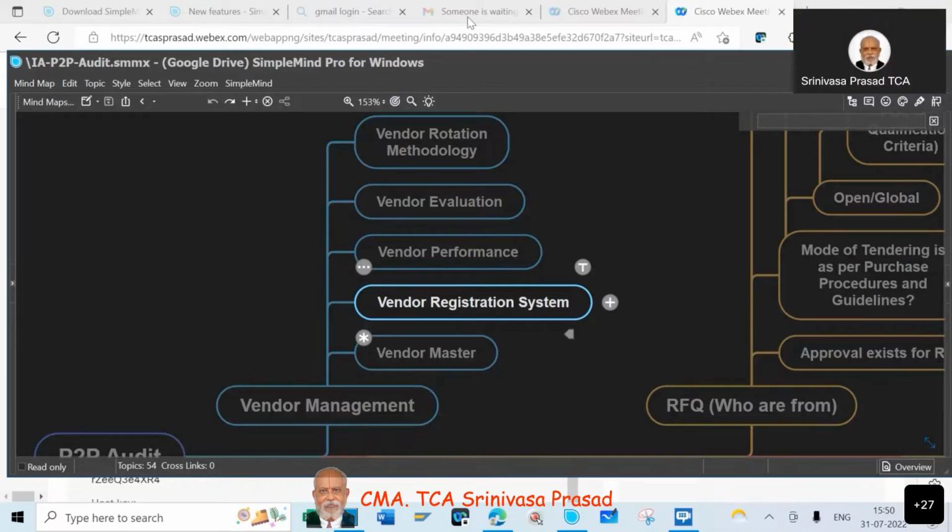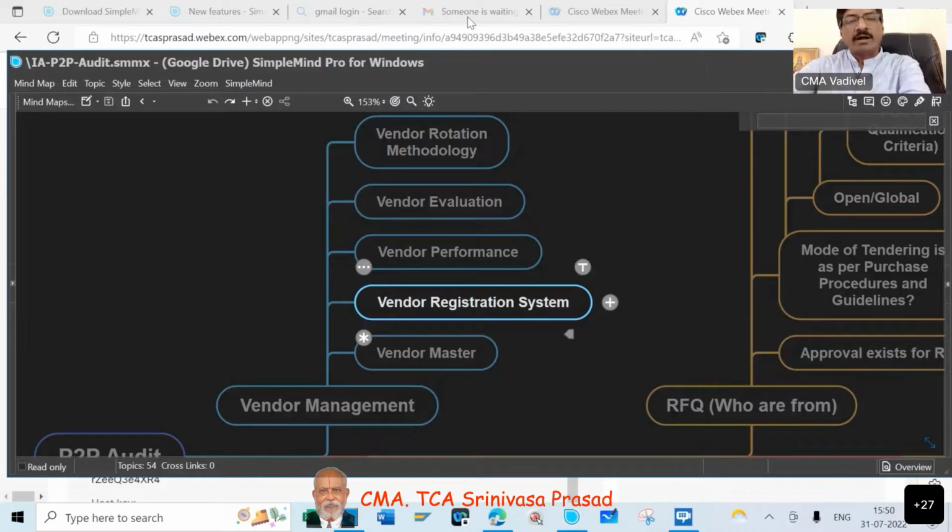Okay. How does that matter for us, Mr. Vadivel? Yeah, see, actually, at the time of registration itself, if we collect all the documents, then the particular company is having only good vendors in their system, in all the angles, all the compliance angles, maybe direct tax or indirect tax.